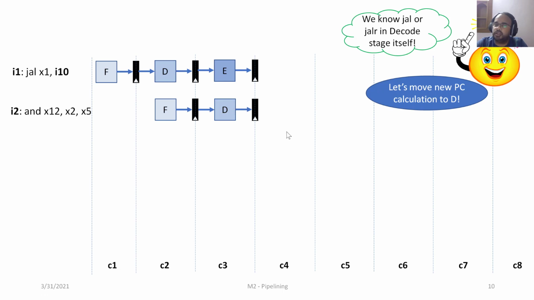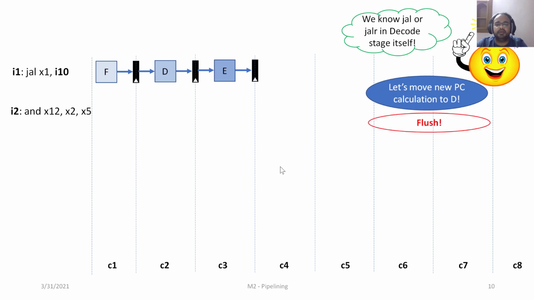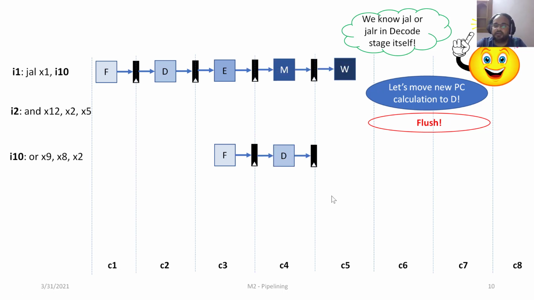Ideally, I2 should go to the decode stage, but we are going to flush it out because we realized by the end of cycle 2 that it is a jump instruction and the target location is I10. In cycle 3, we are going to fetch instruction I10, the target location of this particular JL instruction, and we are going to make progress further.